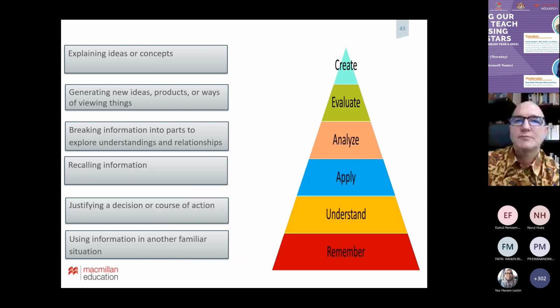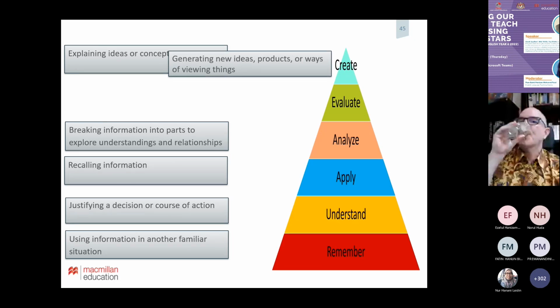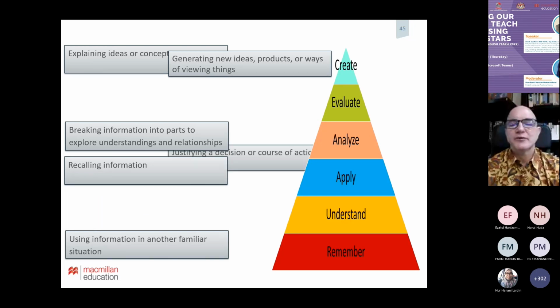So for example, create is to generate new ideas. What is evaluate? Have a think about that, and then in 10 seconds, I'm going to move it. So evaluate is all about justifying.